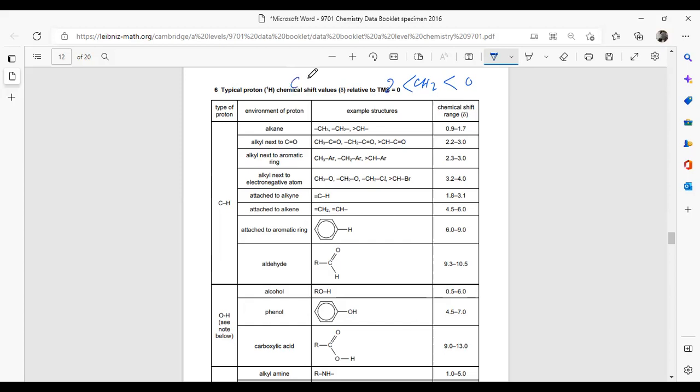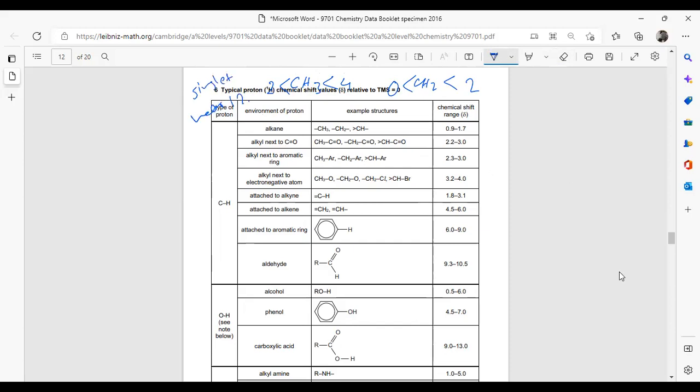Then we got some information that CH3 is in the region greater than 2 and less than 4. Sorry, I wrote it the opposite way. This is 0, this is 2. Yeah. And we also found a peak near 12, a singlet near 12.